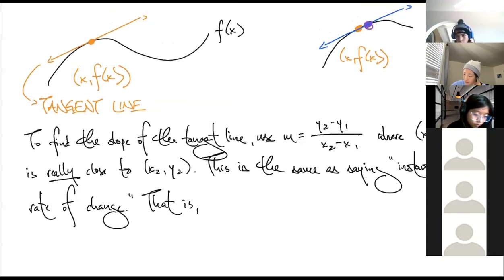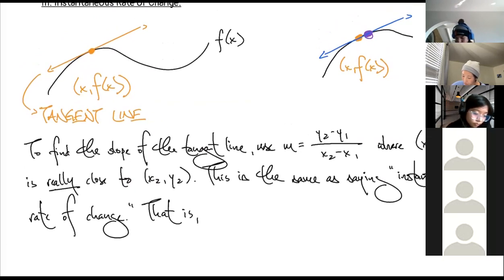So the purple point that we have here, I'm going to give this a coordinate. I'm going to call it x plus h, meaning x plus a very, very small number, h. Now, if x plus h is the x value at that point, what can we say is the y value of that point?